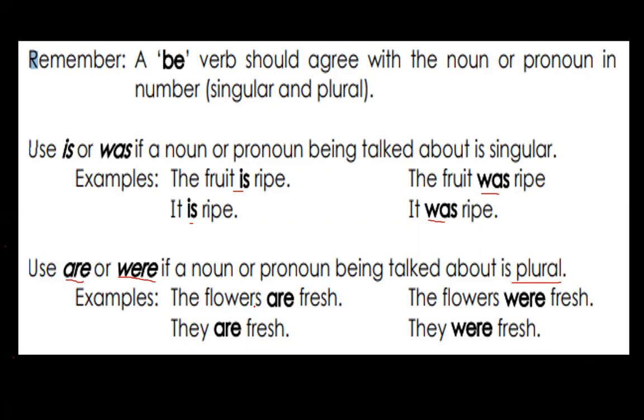The flowers, indicating that there are many flowers, are fresh. They, indicating that there are two or more persons, we use are: they are fresh. The flowers were fresh, and they were fresh. So we use are and were if the nouns are two or more.